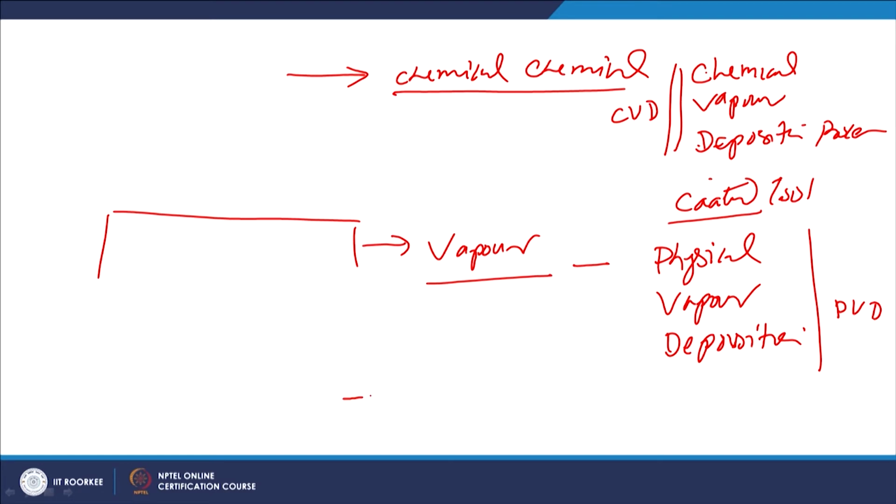Then we can also use the ions of the suitable constituents, like the nitrogen or argon gases are ionized.